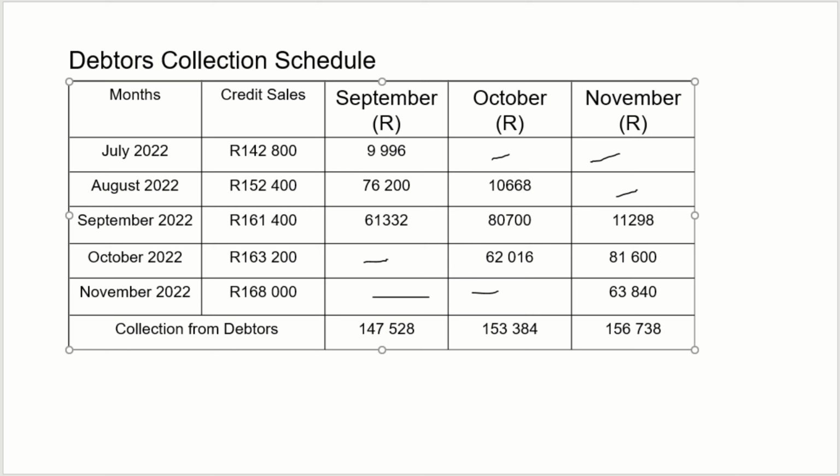Okay, and for November we'll have 156,738. And that's how you prepare your data schedule. Yeah, we took longer, but once you get the hang of it, you should be able to do this in under 10 or at least 7 minutes.